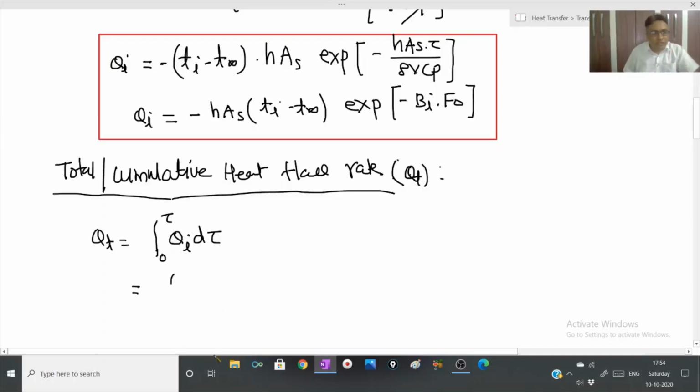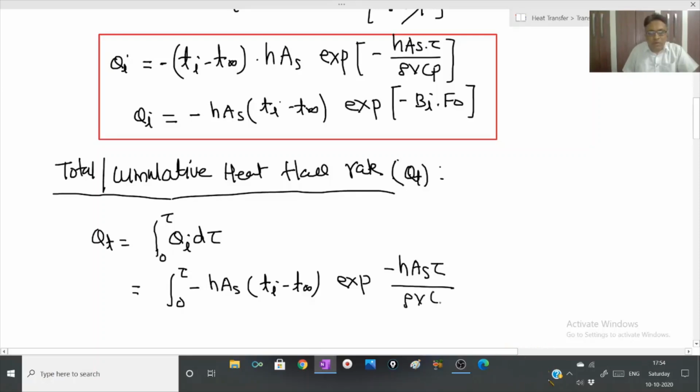Now we have the expression for Qi, that is minus hAs Ti minus T infinity, exponential of minus h into As into tau over rho VCp, into d tau.